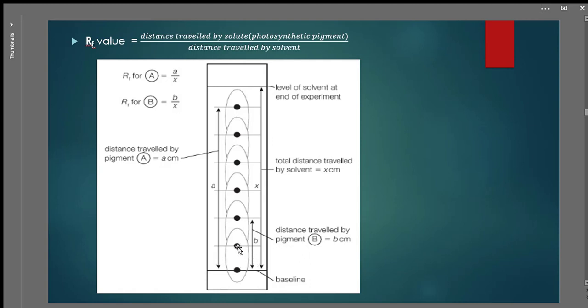For example, this pigment you are seeing here is more sticky and less soluble, meaning those pigments that are more sticky and less soluble will travel a shorter distance. Those that are less sticky, like this one here, and more soluble, will travel the longest distance along that filter paper.